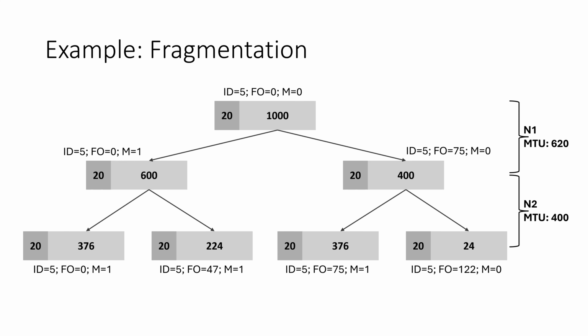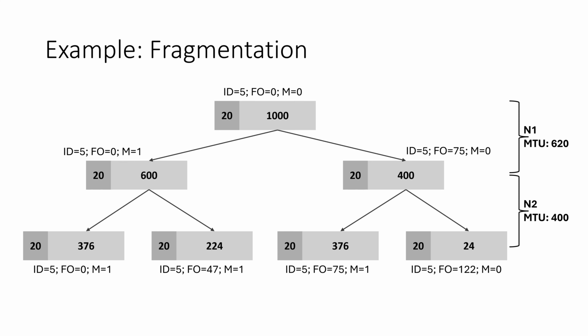If N2 allows only 400 bytes per packet and a 20 byte header, we can fit 380 bytes of data. But here's the catch: the fragment offset is measured in multiples of 8. So the largest multiple of 8 we can take under 380 is 376 bytes.